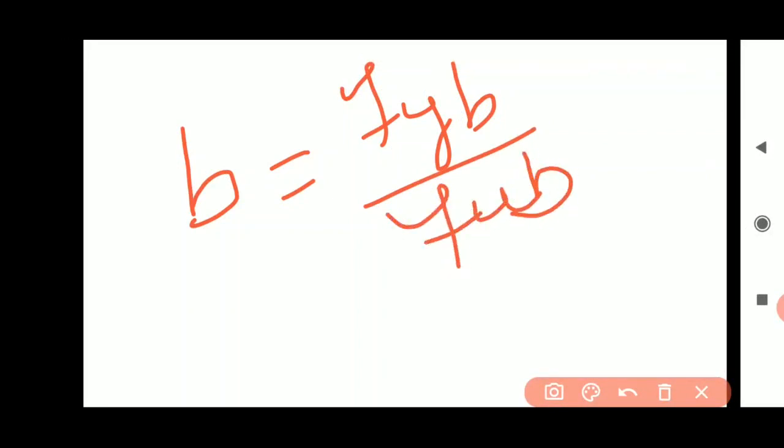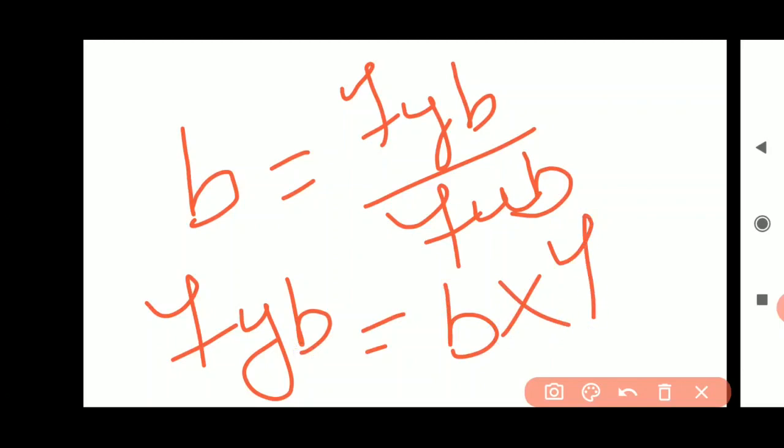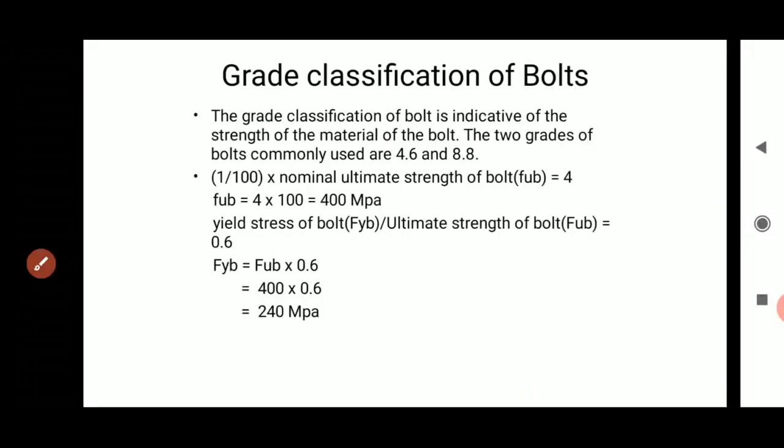You can calculate the yield strength of bolt as B into ultimate strength of bolt. So from the property class or from the grade of bolt, you can know the ultimate strength of bolt and the yield strength of the bolt.